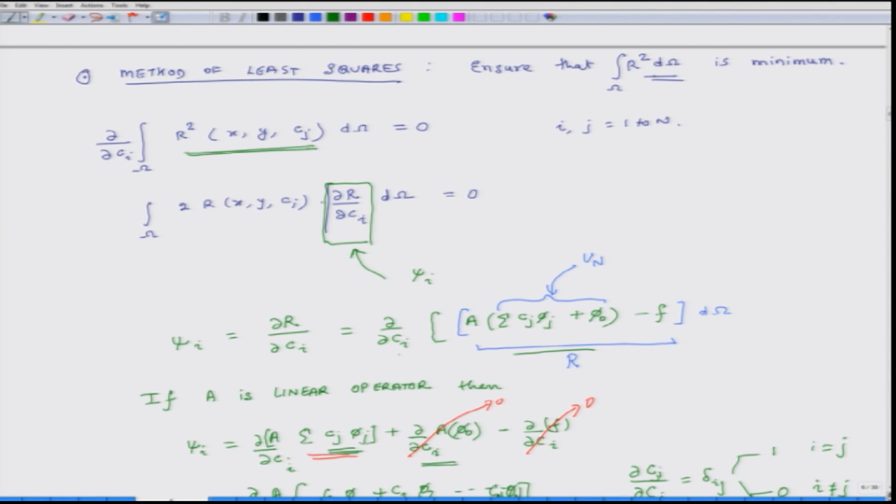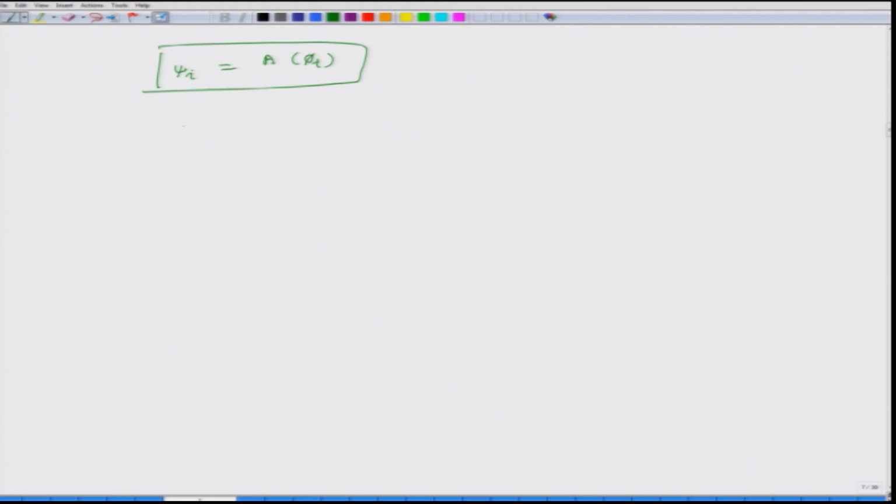Same thing is true here also, this is r square. So, this functional also looks mathematically similar to the I functional which we had discussed in the context of the Rayleigh-Ritz method. Because of that reason, here the A matrix will be symmetric. So, in the method of least squares, your A matrix is going to be symmetric.